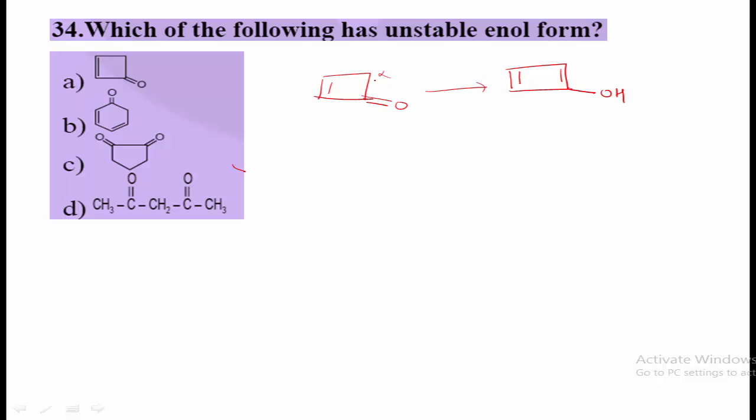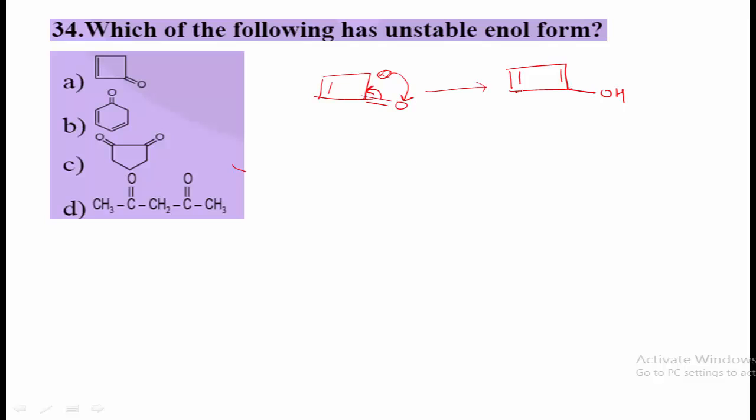By delocalization, this pi electron shifted to here, and the alpha hydrogen atom will be attracted by oxygen and becomes OH. Remember, keto-enol tautomerism can be observed only if the compound is having alpha hydrogen atom.